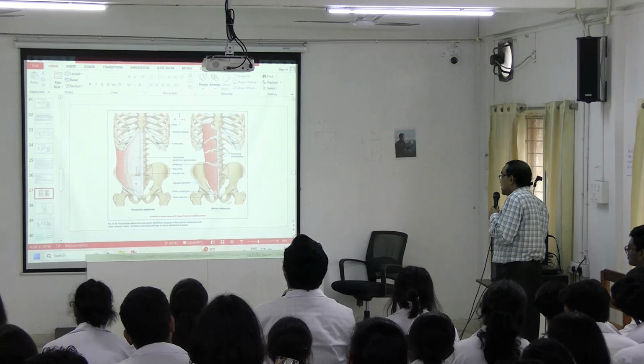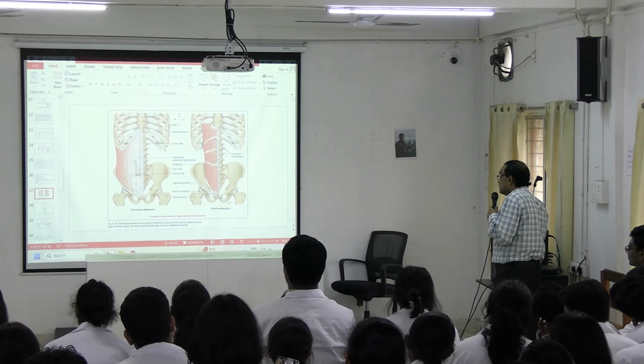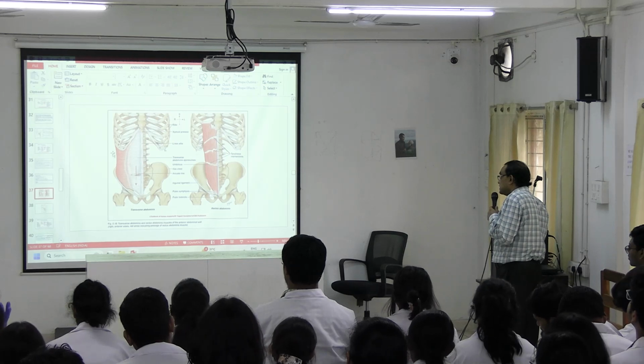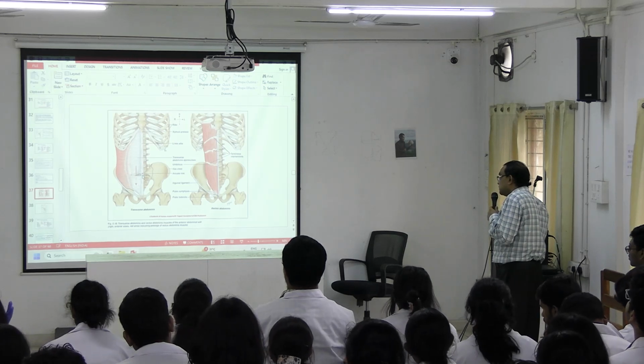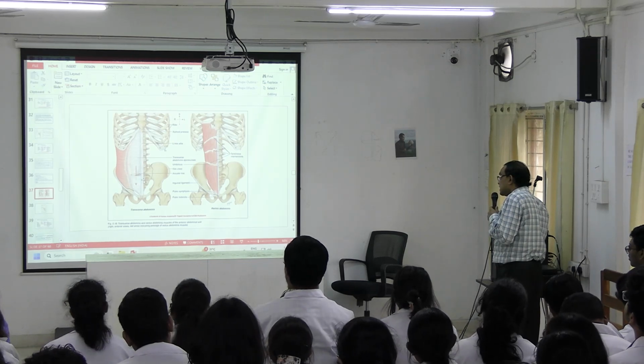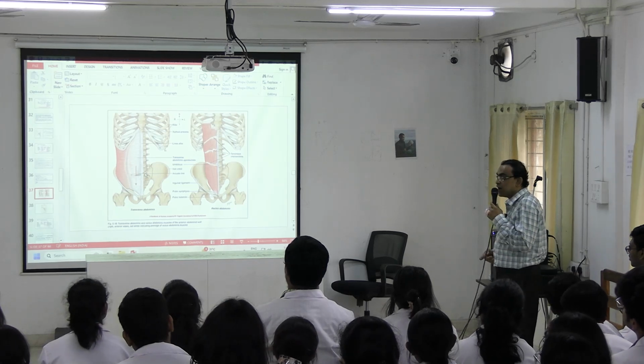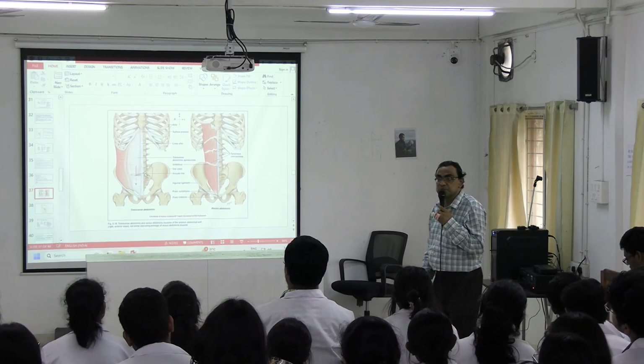So this is the posterior wall of the rectus sheath, and within it we can get an arcuate line, in between the umbilicus and symphysis pubis.